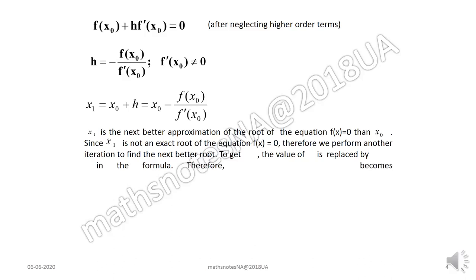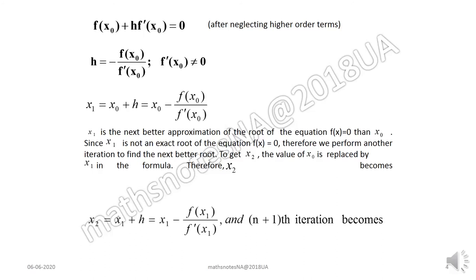Since x1 is not an exact root of the equation f(x) is equal to 0, therefore we perform another iteration to find the next better root. To get x2, the value of x0 is replaced by x1 in the formula. Therefore, x2 becomes x1 plus h, which is equal to x1 minus f(x1) upon f dash x1.